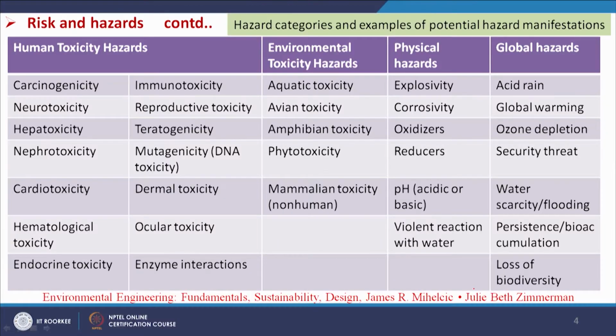So, hazards may be related to human, may be related to environmental toxicity, it may be of physical hazards, it may be global hazards. So, for example, human toxicity hazards: carcinogenicity, neurotoxicity, hepatotoxicity, nephrotoxicity, cardiotoxicity, hematological toxicity, endocrine toxicity, immunotoxicity, reproductive toxicity, teratogenicity, mutagenicity, dermal toxicity, ocular toxicity, enzyme interactions.